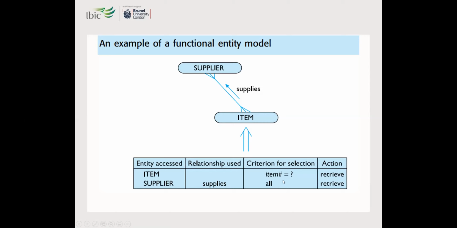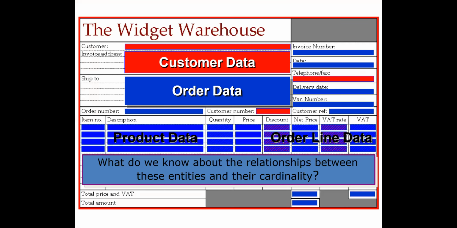And then you have some attributes for each entity. For example, for item, you have item number. And the action is retrieving.